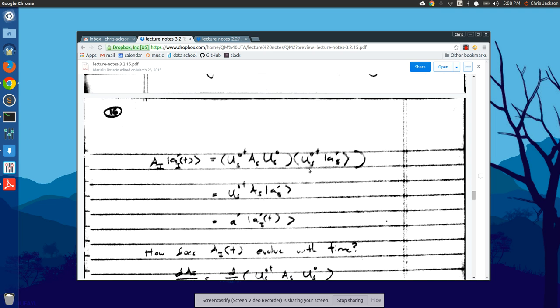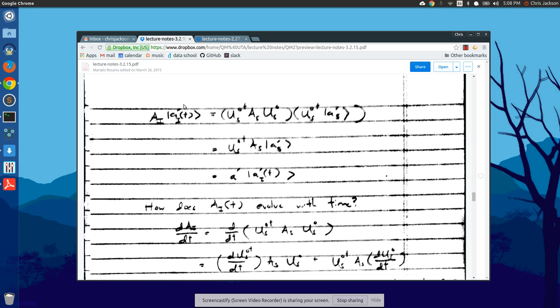Okay, so we can work out how this guy operates when it hits one of the interaction picture kets. All right, so I can rewrite this A_I in terms of its definition in terms of the Schrodinger picture operator, and then rewrite my interaction picture ket in terms of the Schrodinger picture kets. And these two guys are going to cancel each other out.